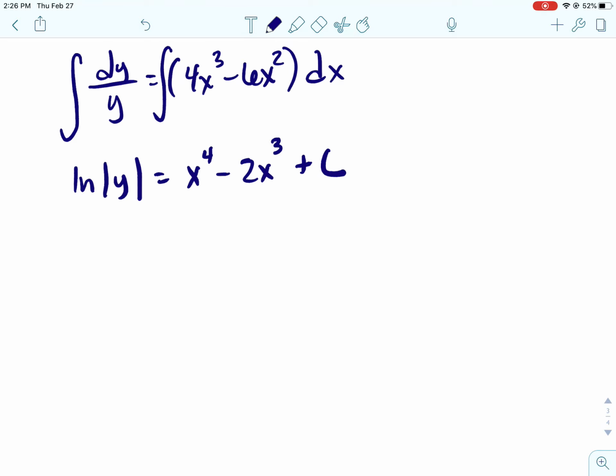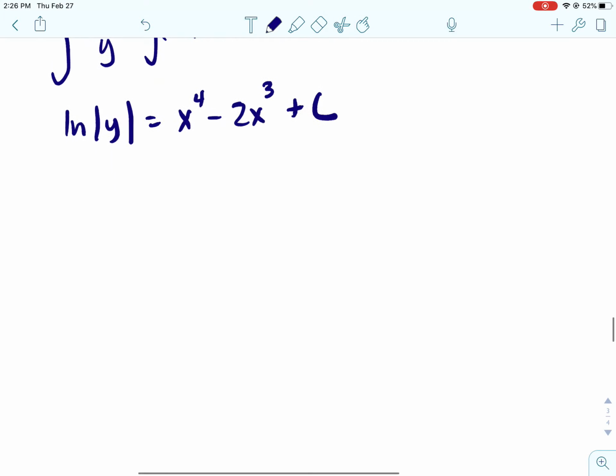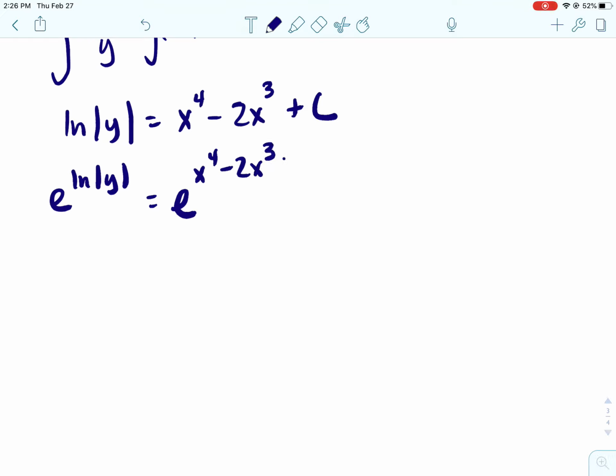All right, so now I want to solve this logarithmic equation for y. How do you get rid of a natural log? Raise e to it. So exponentiate is what it's typically called. I like to call it raising the base, but it's going to be e raised to the natural log of the absolute value of y equals e raised to all this stuff.